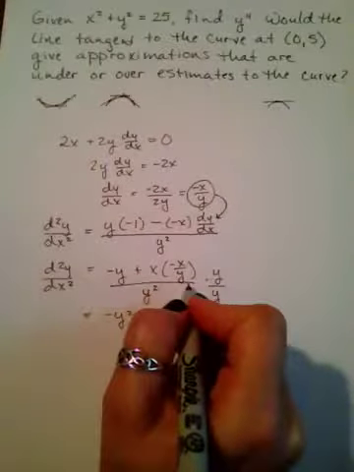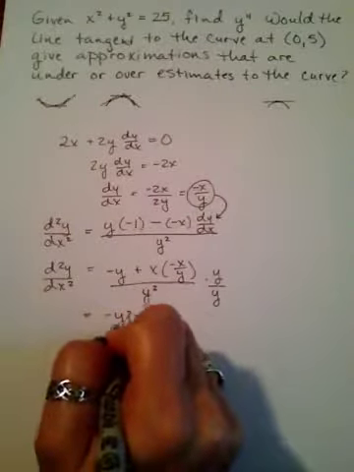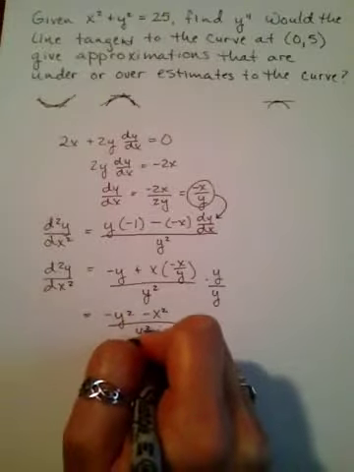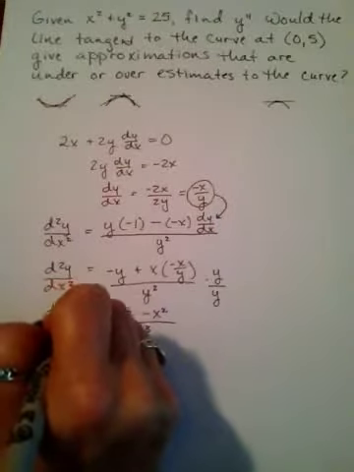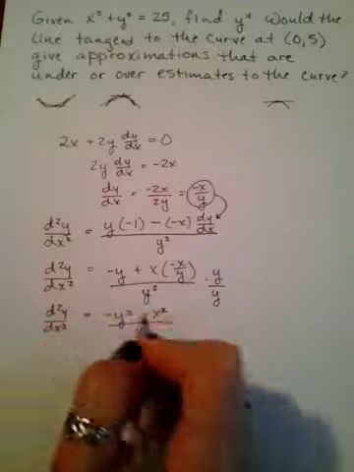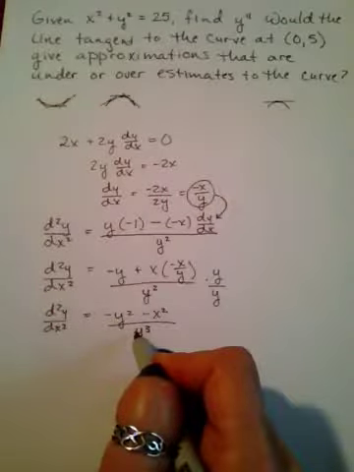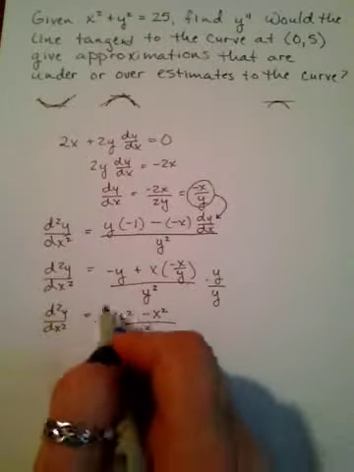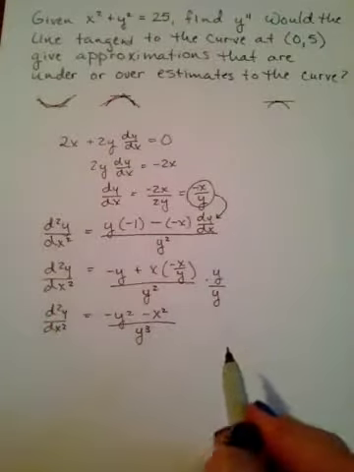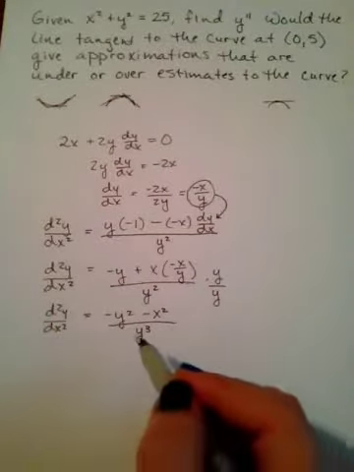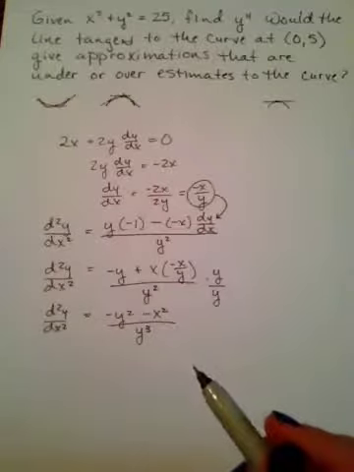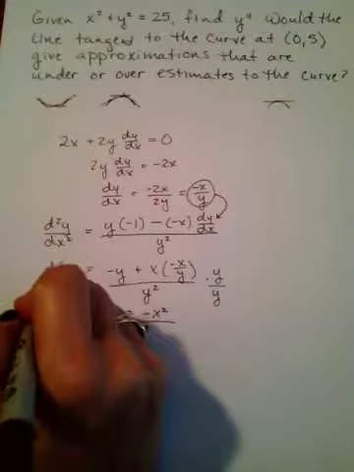The y's would cancel out. And then in the denominator, I now have y cubed. Some people would move the negative to the denominator and make this y squared plus x squared. It truly doesn't matter. If it's multiple choice, you just have to be able to identify it. Otherwise, you're fine the way it is. So this is our second derivative.